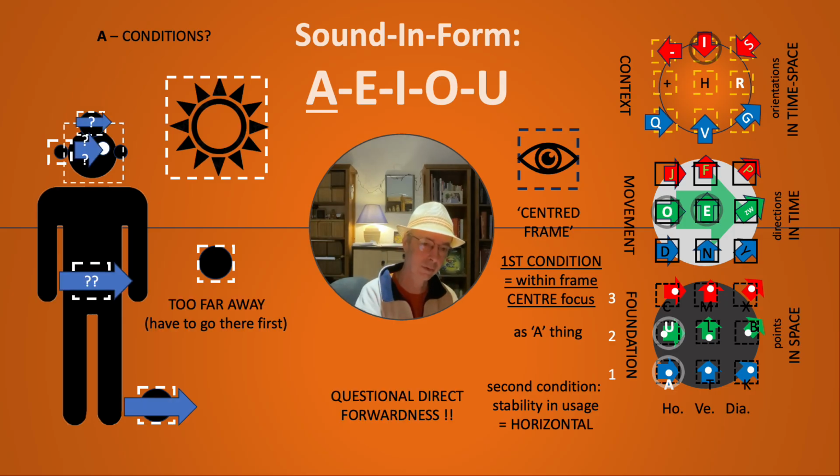There are not so many parts that are perfect for these conditions, because the object that is a bit further away, you have to go there first. You have to move first. You have to do something first to be sure that you can use it. There are certain conditions which are more for O, actually. The sun as well, we will not be able to go forward.